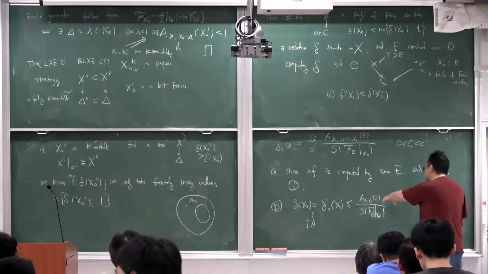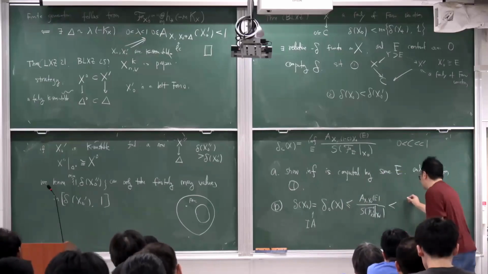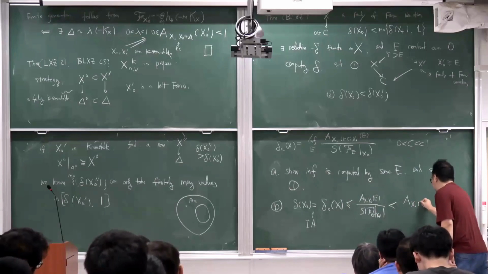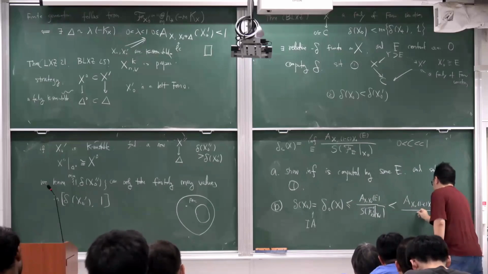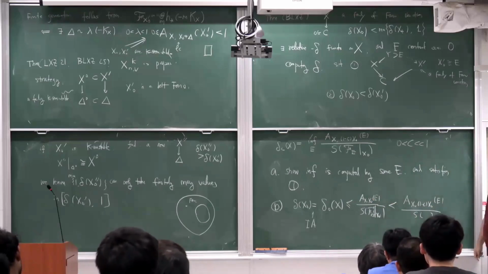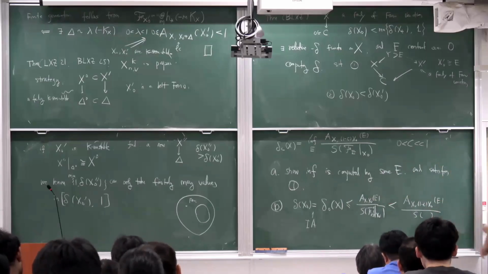But E is centered on the central fiber. So then there is a strict inequality that for C positive, this is less than A_{X,X0}(E), the same as here. Because this number is just larger than this number, since E is centered on this fiber, so there is some positive contribution from here.